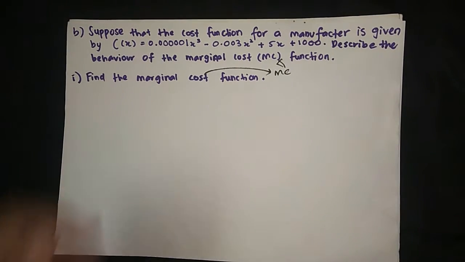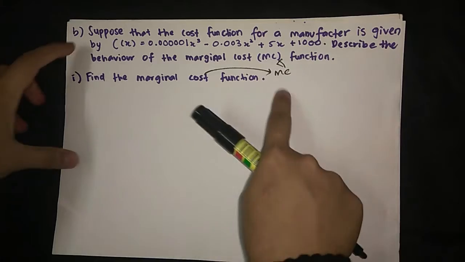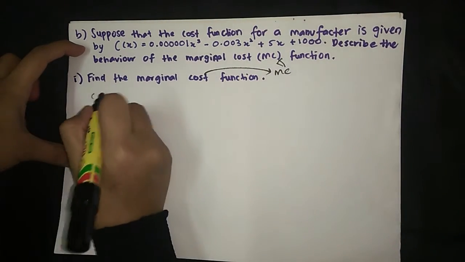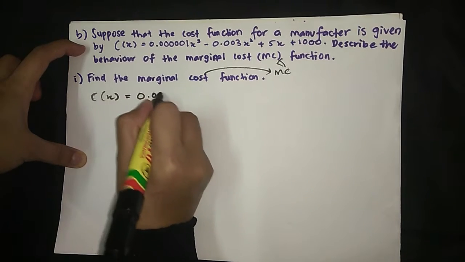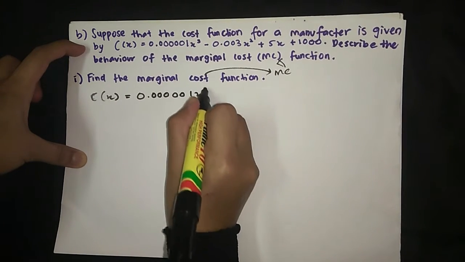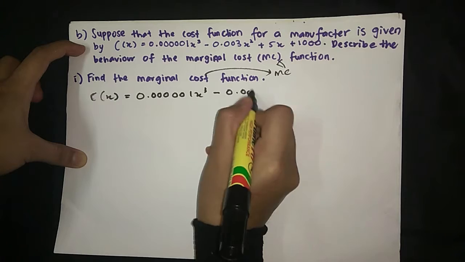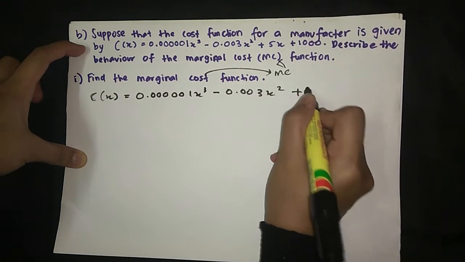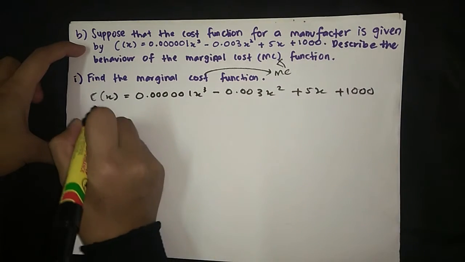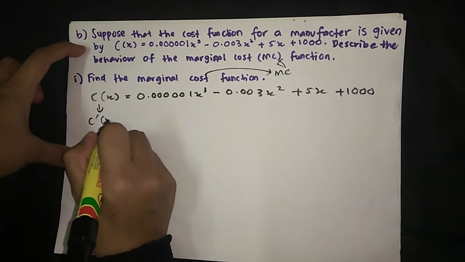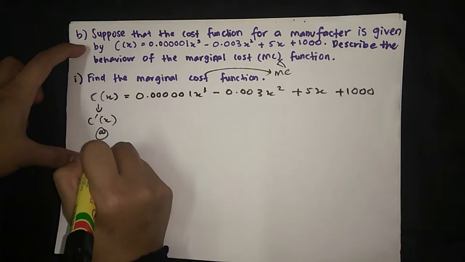Okay, so for finding MC, we take out the cost function first. So we write down 0.00001 x cubed minus 0.003 x squared plus 5x plus 1000. So we know that we want to find the MC. MC is equal to the first derivative of the cost function.